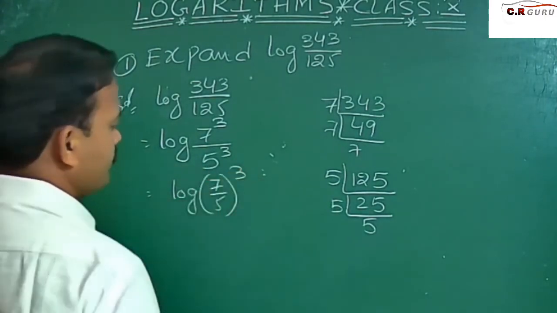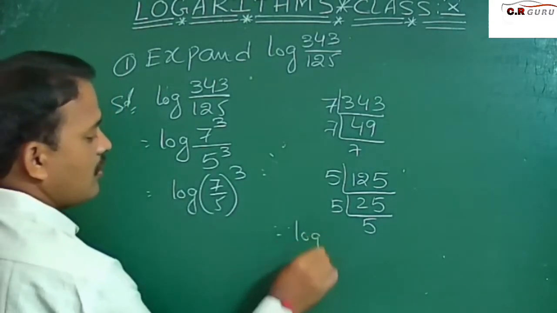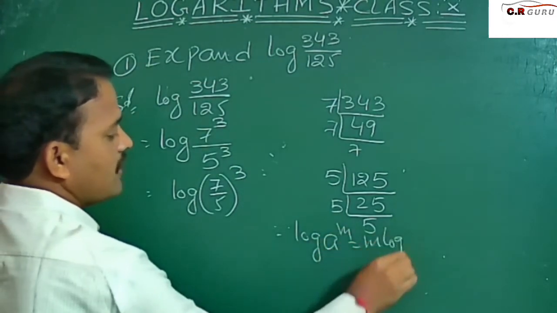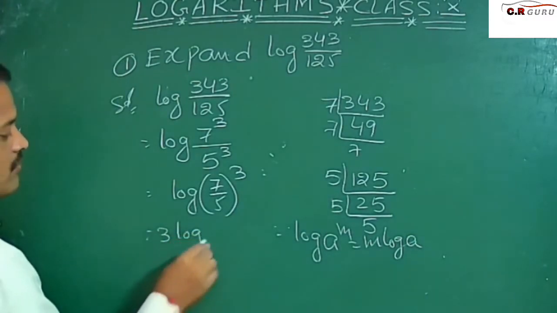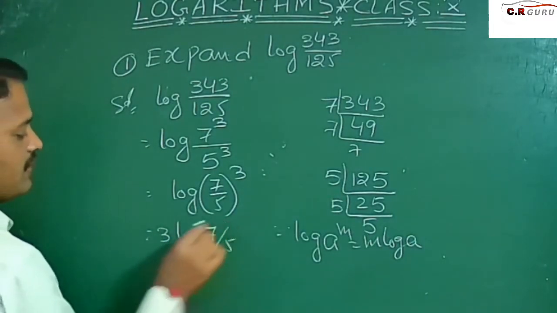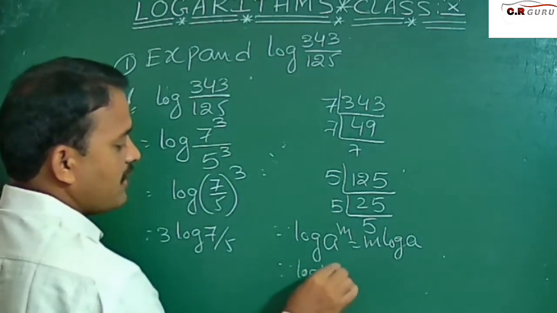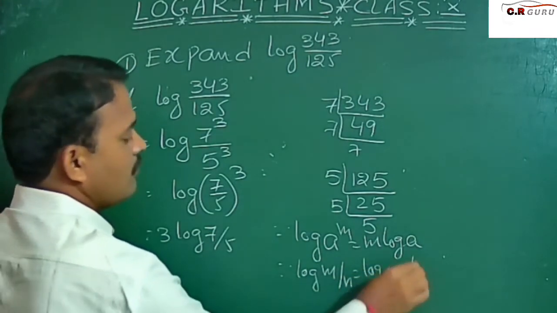Okay, then you know one formula: log of a to the power of m is equal to m log a, and that equals 3 into log of 7 by 5. Again, one more formula is there: log m by n is equal to log m minus log n.